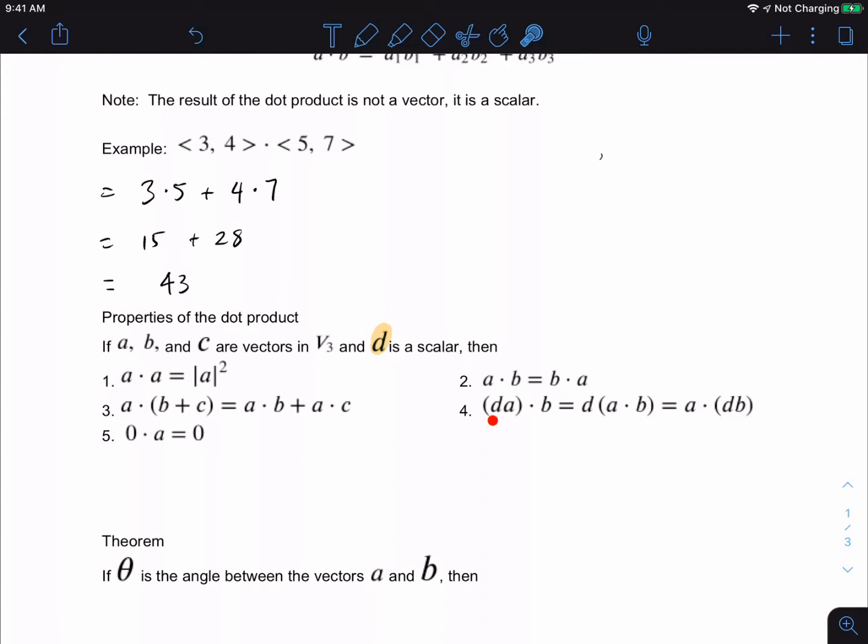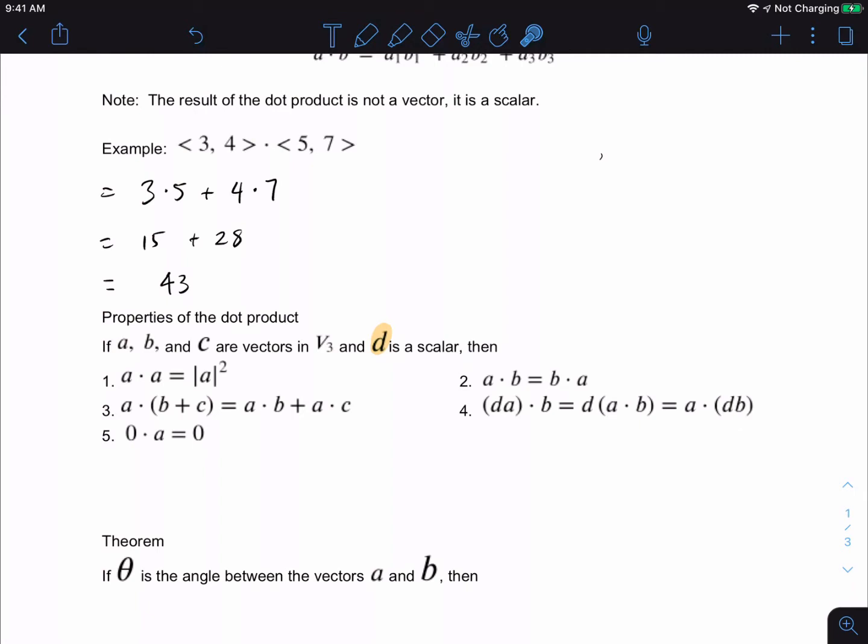Here we can see that this is a scalar times a vector dotted with another vector. We can change this to have the 2 vectors have the dot product and then multiplied by the scalar, or we can even say that the scalar multiplies with the second vector before you do the dot product with the first.